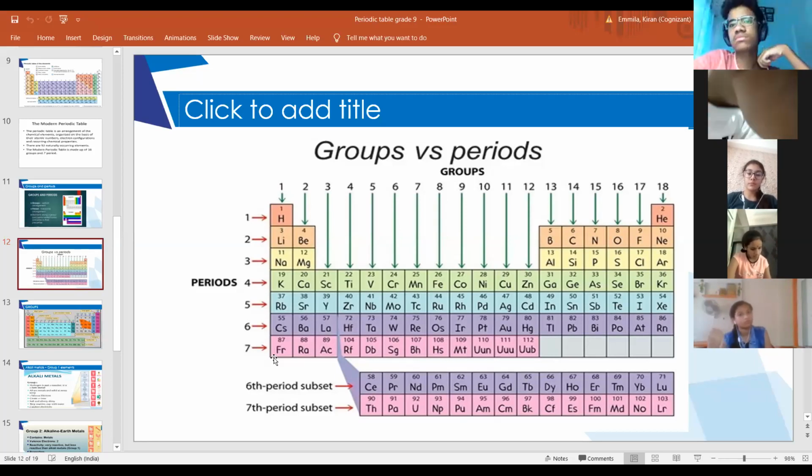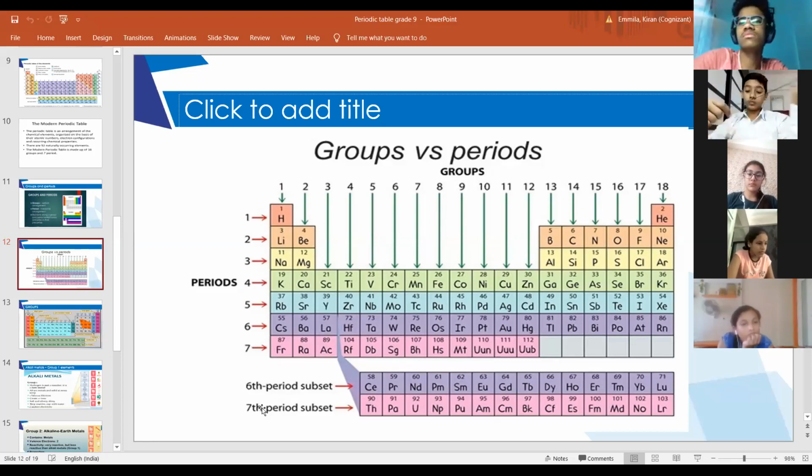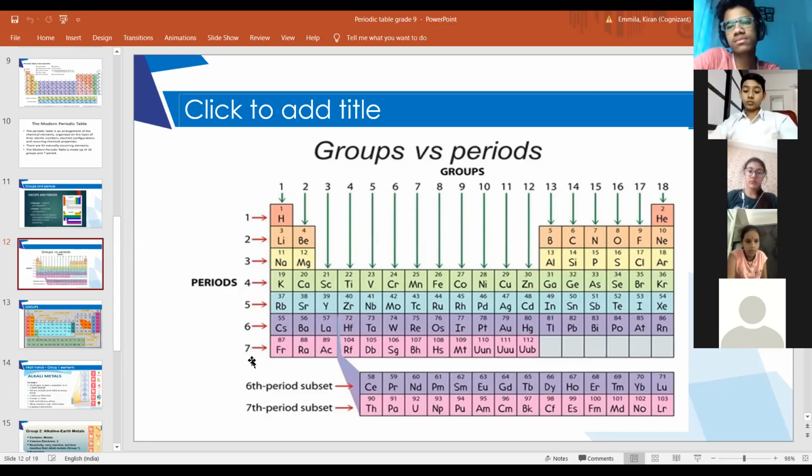If the attractive force is less, we can easily remove the electron. So what is the energy required to remove the electron called? Ionization energy. So as we move down the group, ionization energy decreases.